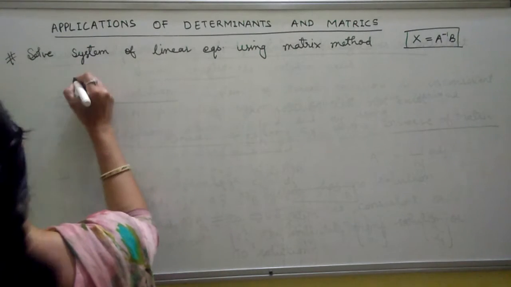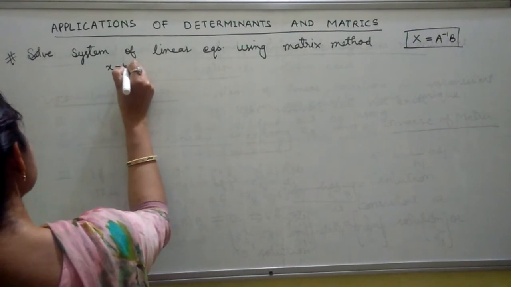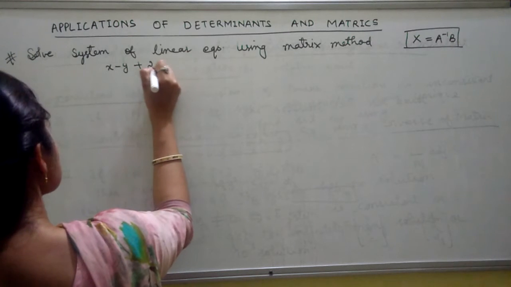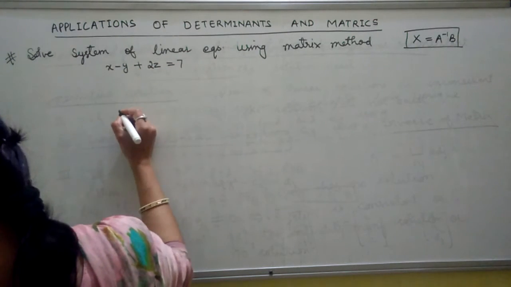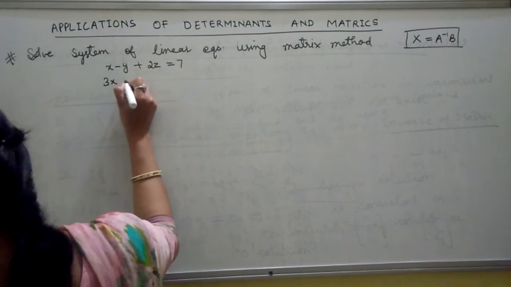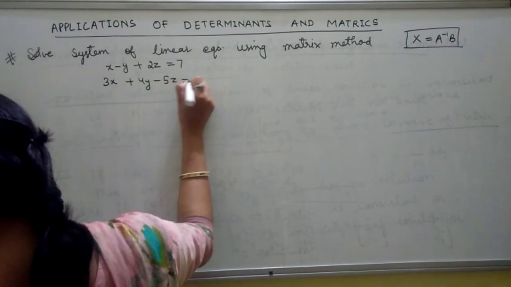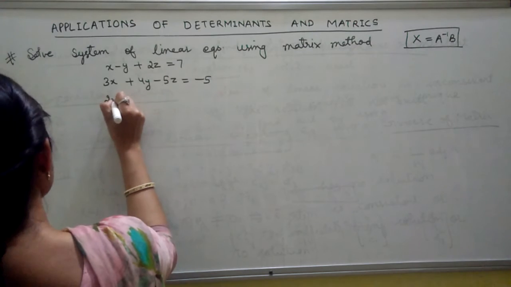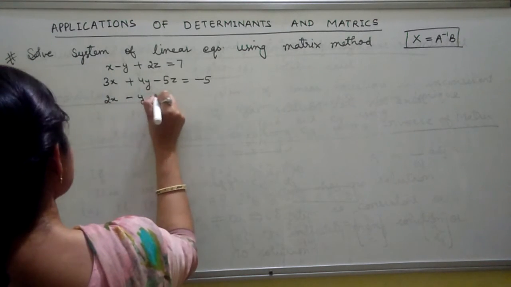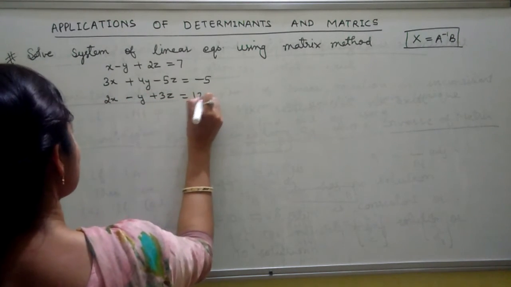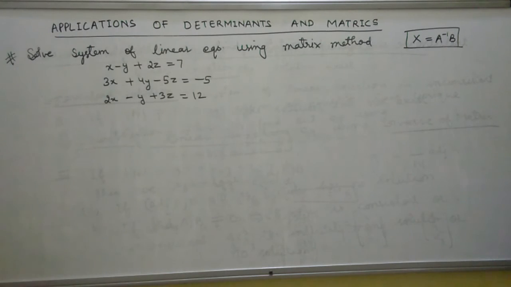The question is given as x minus y plus 2z equals to 7, 3x plus 4y minus 5z equals to minus 5, and third is 2x minus y plus 3z equals to 12. So this is the system of equations in 3 variables.